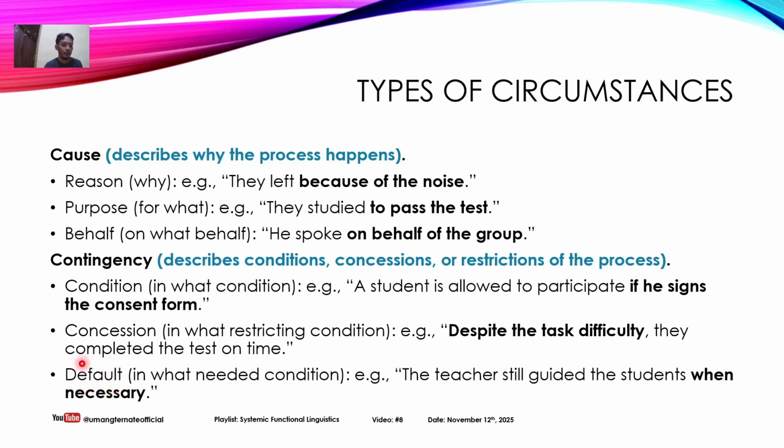I don't know why Halliday uses this term, but it describes the necessary conditions, in what needed condition a process takes place. Like the teacher still guided the students when necessary. So in this example, when necessary is the circumstance of contingency, more specifically the default.